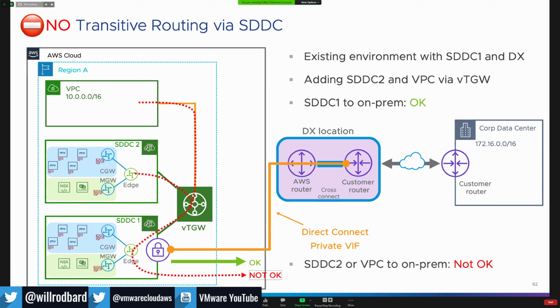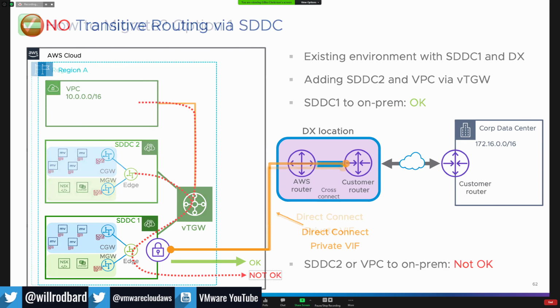So this is really important, and we need some way to migrate from the standard direct connect connections that we have with many customers today if they want to use a VMware Managed Transit Gateway.